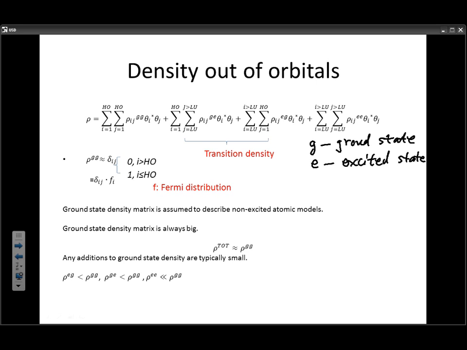The ground state density matrix is assumed to describe non-excited atomic models and is always big.